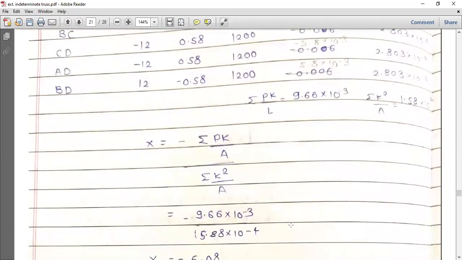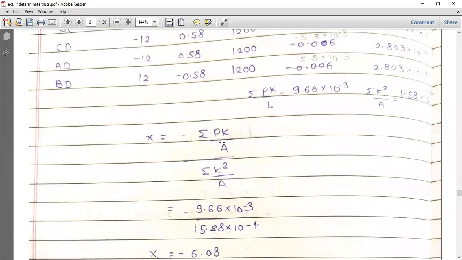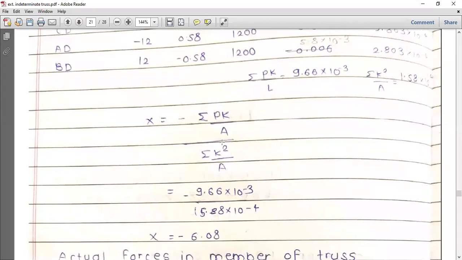Next, use this formula, that is force coefficient X equals minus into bracket summation of PKL upon A divided by summation of K square L upon A. So here we are getting the force coefficient X as minus 6.08.